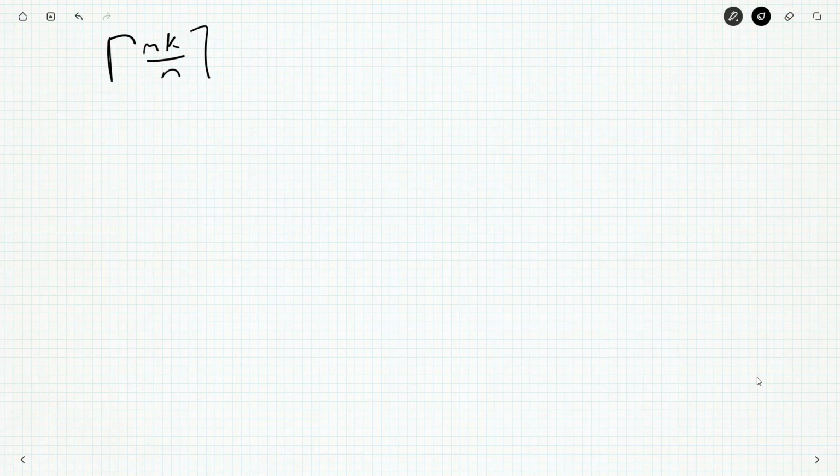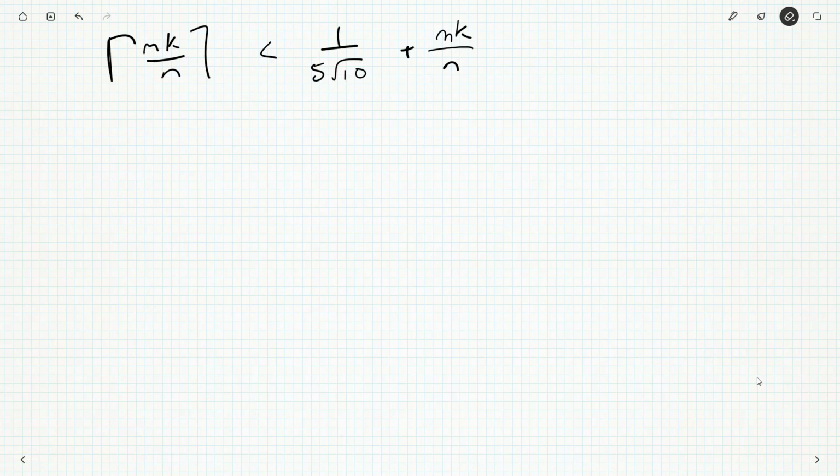If I do something like this, 1 over 5 root 10, and I add mk over n, if I multiply through by n, can I get something useful? Because having that fraction there, if I get rid of some of those fractions, that might be nice.